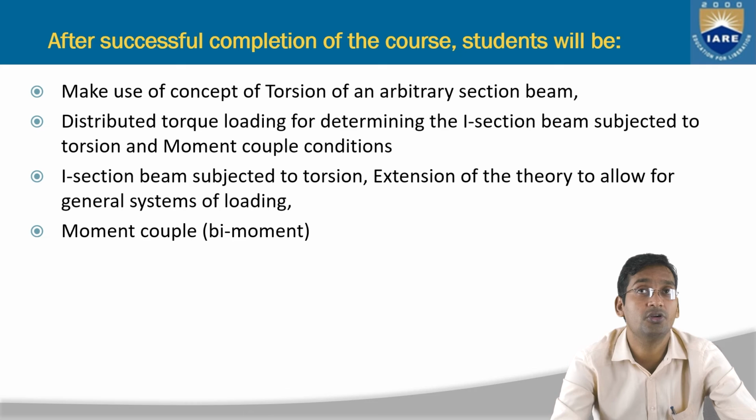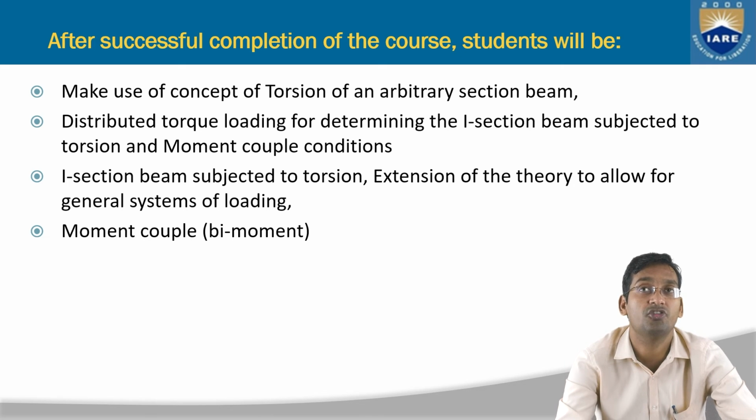Then distribution of the torque, the distributed torque loading for determining the I section beam subjected to torsion and moment couple condition. So when torsion and moment couple are acting on any I section, then how to find the torque distribution, that also a student will be able to find or learn. Next, the I section beam subjected to torsion, extension of theory to allow for general system of loading.